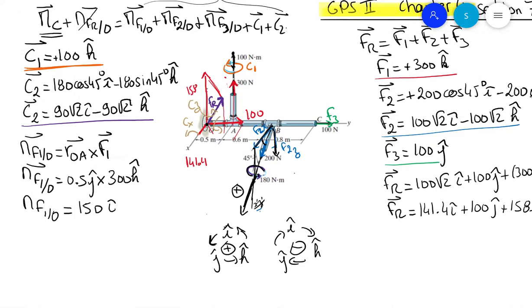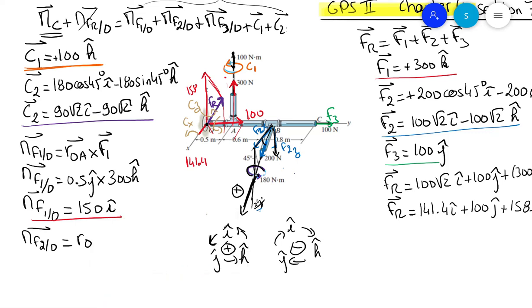Okay, so that's F1, created by the red force. I add the moment of F2 about O, equal to R_O cross F2. Where is F2? F2 is the blue one there.